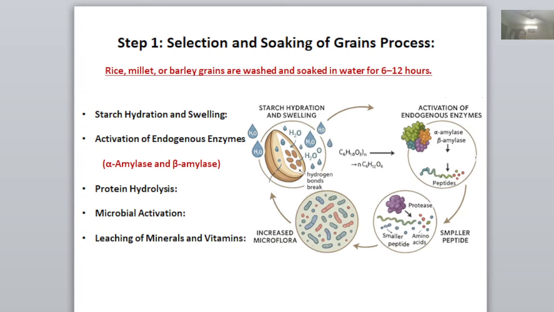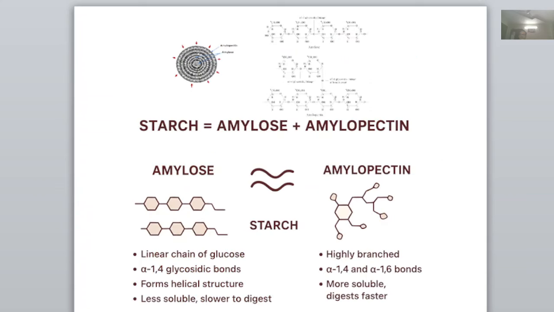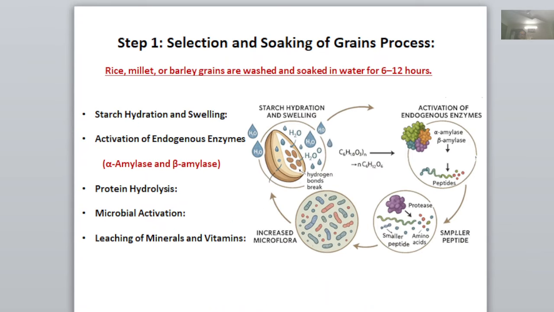So actually what we are doing, we are hydrating the starch, which is basically amylose and amylopectin. So if you are dipping it, after swelling what is going to happen? After being embedded with water molecules, their hydrogen bond network is going to be cleaved or damaged.